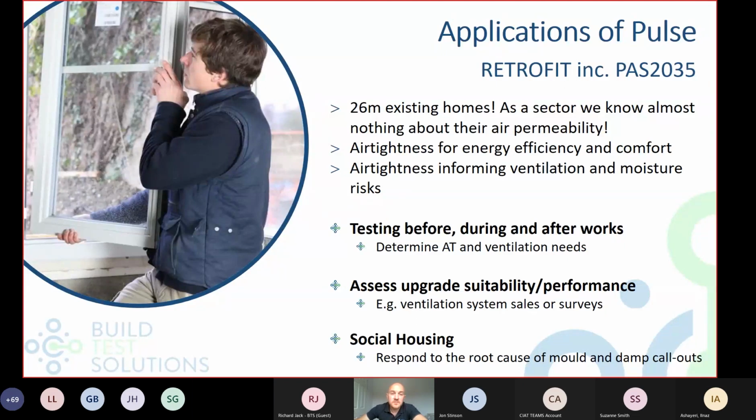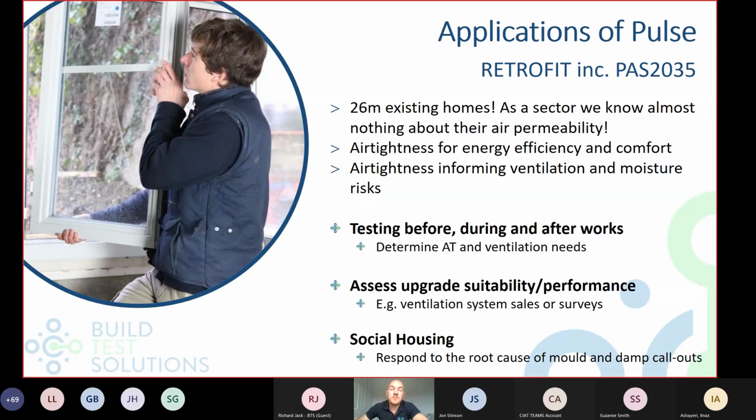So there's scope for testing before, during and after works. So you could imagine, even at a level of adding an extension to a home, let's measure the airtightness and the thermal performance of this building prior to doing any work.